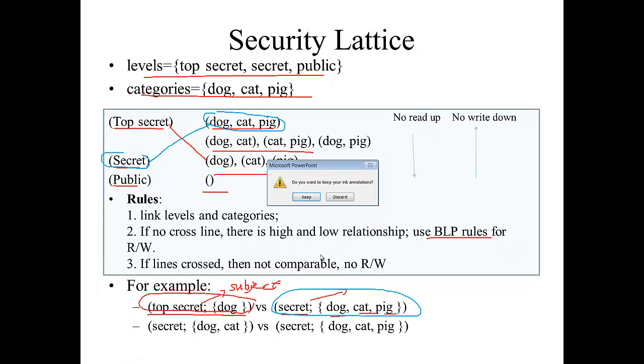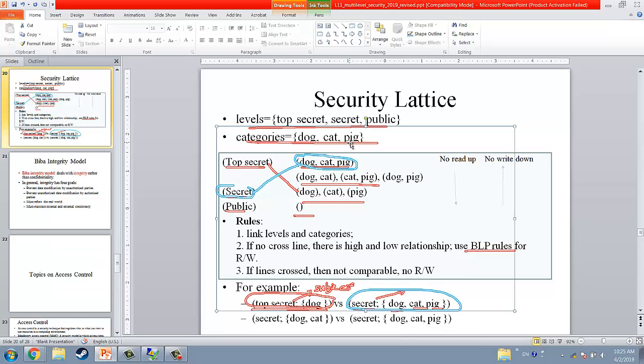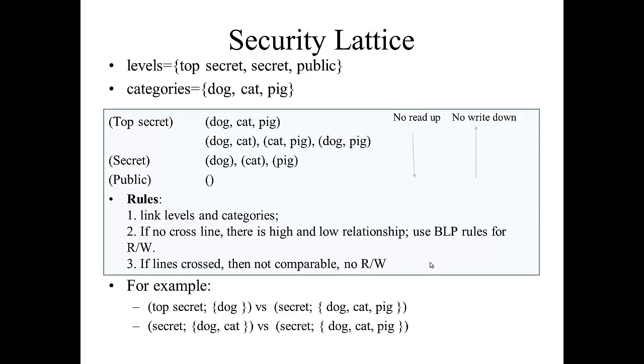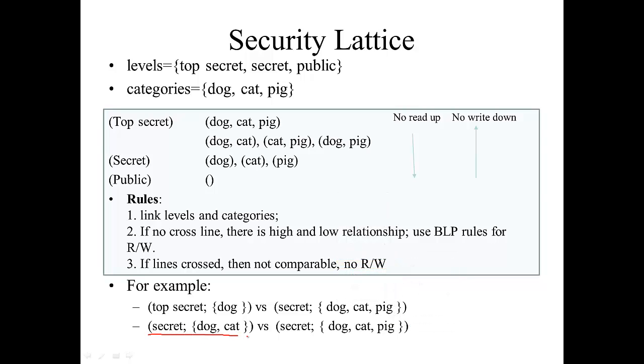Let's talk about the second case. For the second case, I just remove the label. Let's get the pen first. Let's talk about this subject. Okay, he has a security level, and his category is dog and cat. Okay, we got the security level, dog and cat. It's here. Okay, we link them.